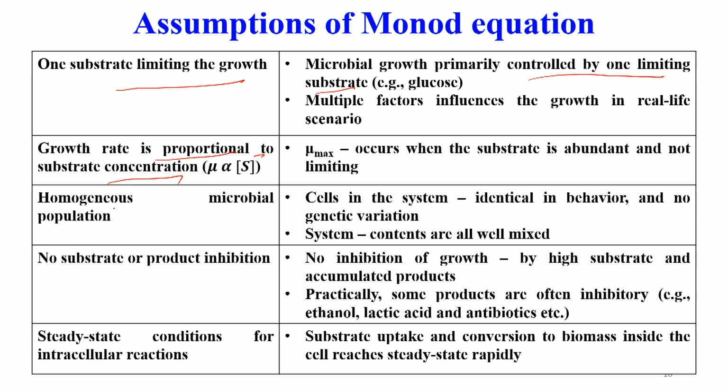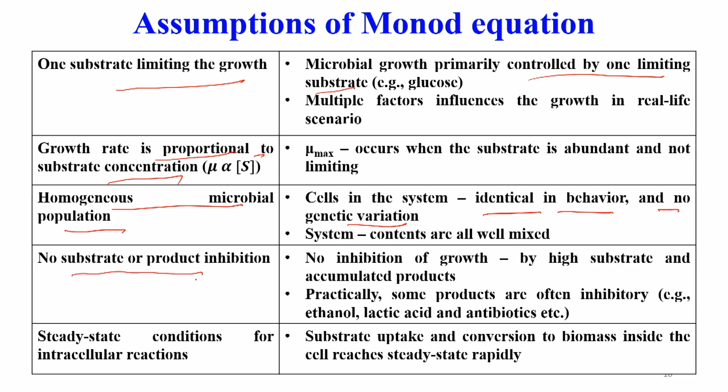Third, we are assuming a homogeneous microbial population, we are not considering a heterogeneous population. It says cells in the system are identical in behavior and have no genetic variation. So, we are assuming average cell approximation here.